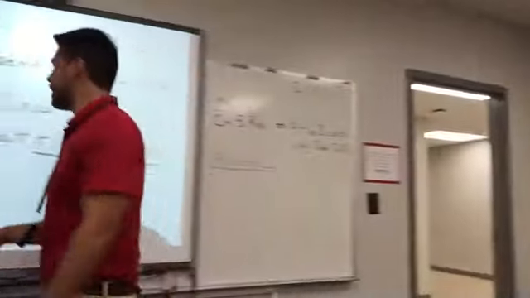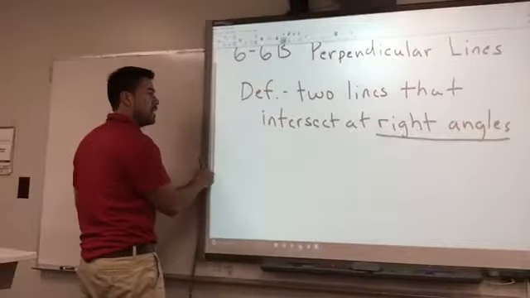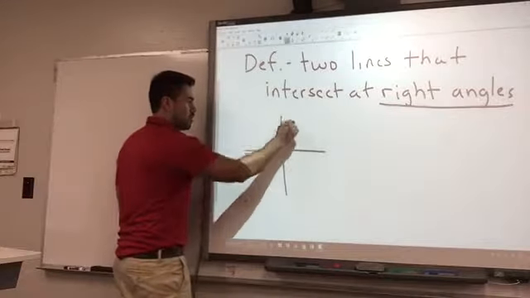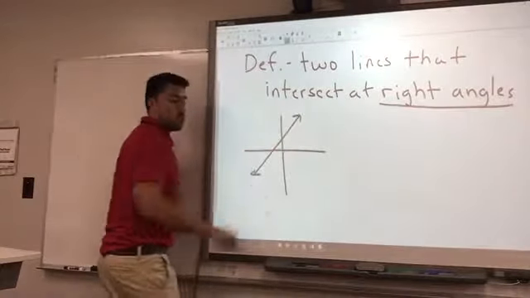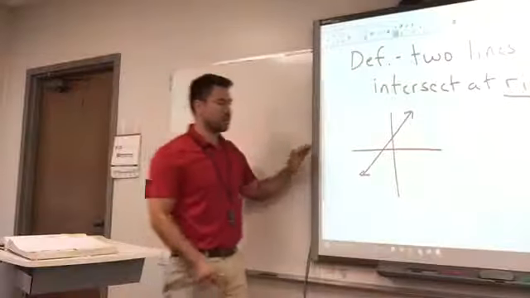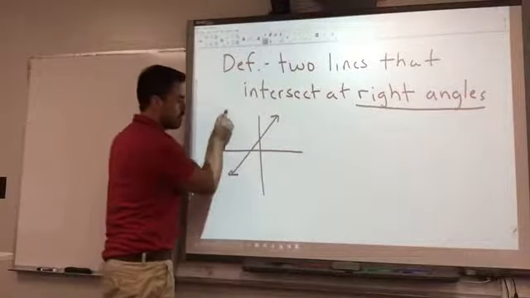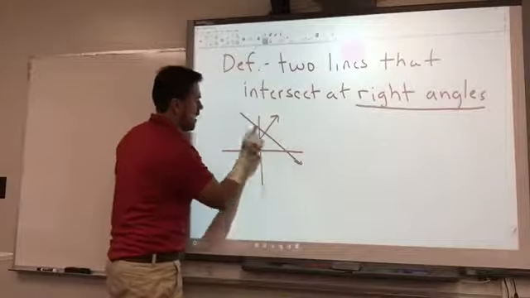And an example on a coordinate plane would be, if you have your coordinate plane here, I'm going to draw a line. So there's one line, and then to draw a perpendicular line, and there are actually an infinite number of perpendicular lines, but I'm just going to show that one.